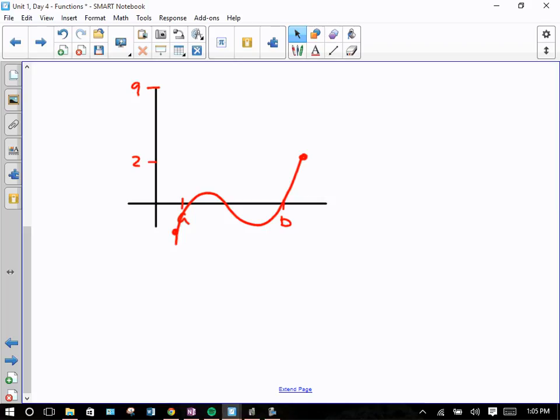And I know there's another 0 right here because the y values go from positive to negative, and then there's a third 0 here where the y values go from negative to positive. So I know somewhere in between there, there's definitely a place where there is a 0.